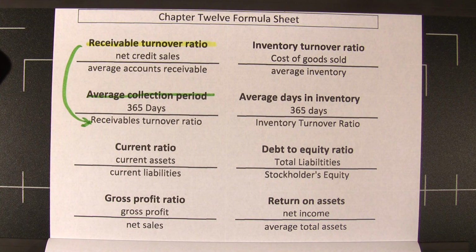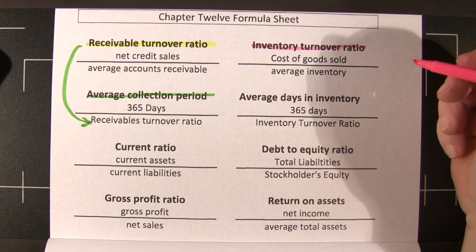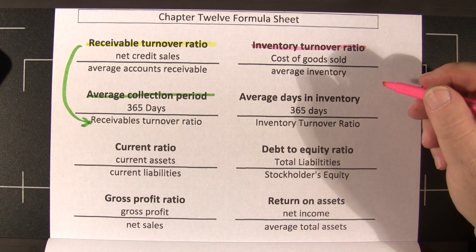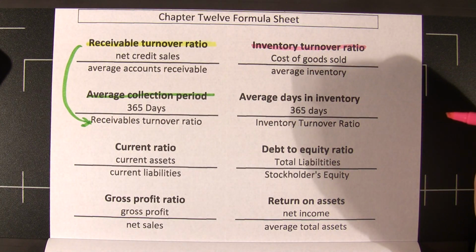Now, we can apply those same techniques to inventory. The inventory turnover ratio takes the cost of goods sold and divides by the average inventory. Now, average inventory, average receivable, beginning plus end divided by 2.